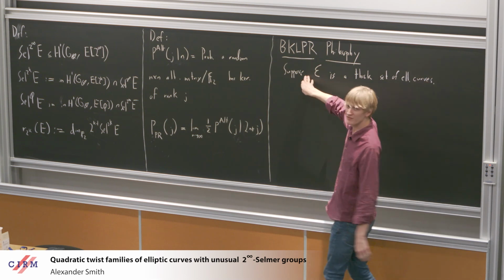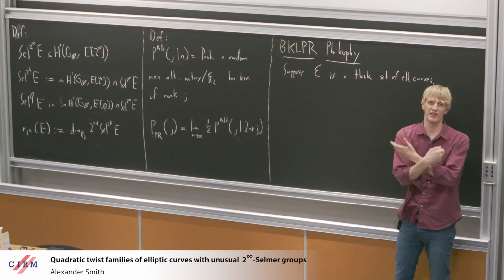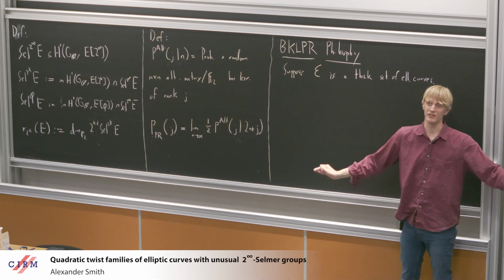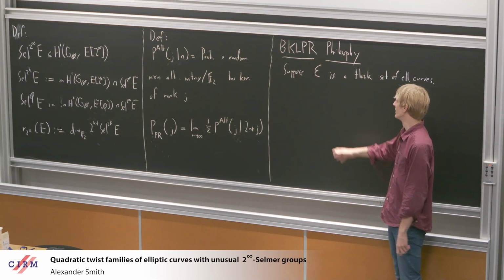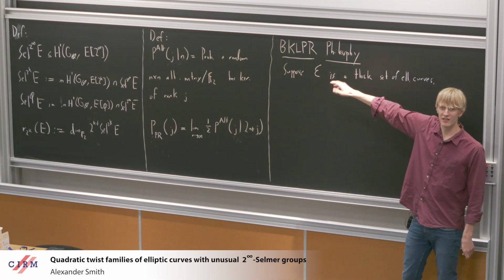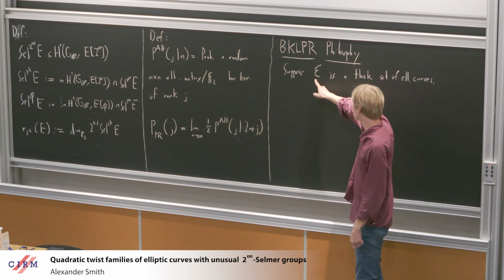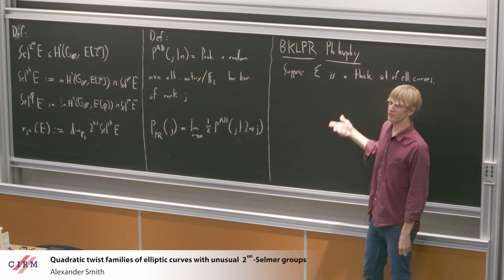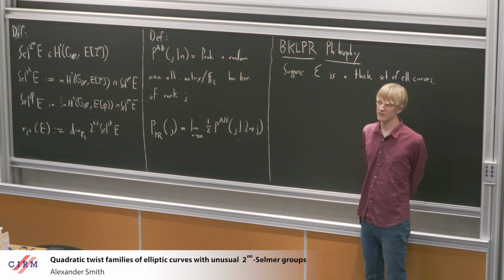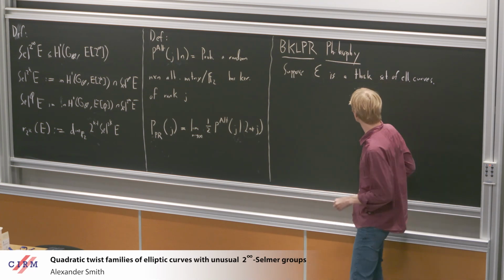And we're going to make the set finite, but imagine that we're letting its size go to infinity with some process. In the original Bhargava, Kane, Lenstra, Poonen, Rains paper, this would be the set of elliptic curves up to a given naive height, and then you would let that height go to infinity.